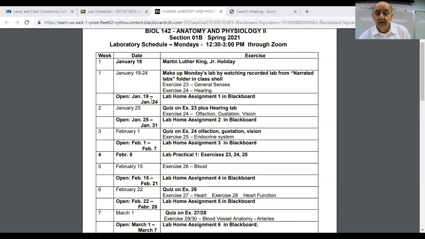So the due date for this first lab home assignment is Sunday, midnight, January 24th. And again, you have 2 chances to take a look at those 15 questions. Many students click into this lab home assignment, look around at what the questions are, study and collect the answers, search for them, and when you click into this lab home assignment the second time, now you have a full set of answers to put in.